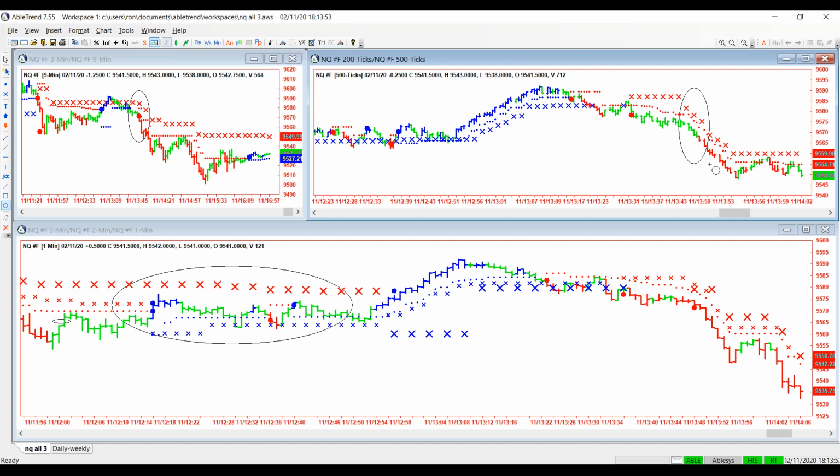Again, I'm talking Eastern now. Everything is just perfectly lined up, and you've got a brand new signal, and you have 3.9 saying go short. Tick chart 200, 500 tick chart saying go short, and the Able trend 1 minute, 2 minute, and 3 minute is saying short. What more could you want than that?